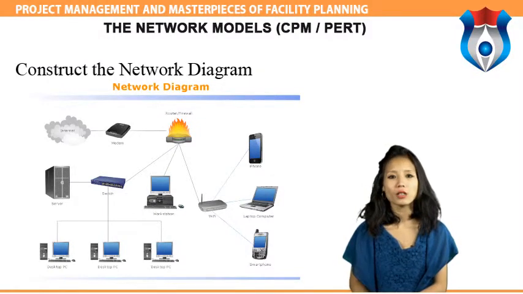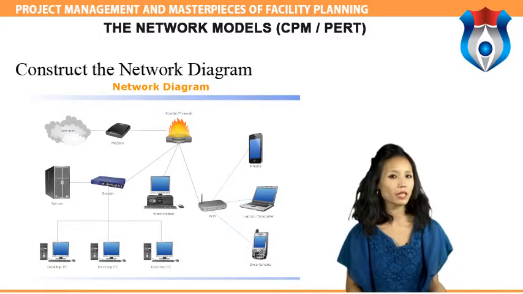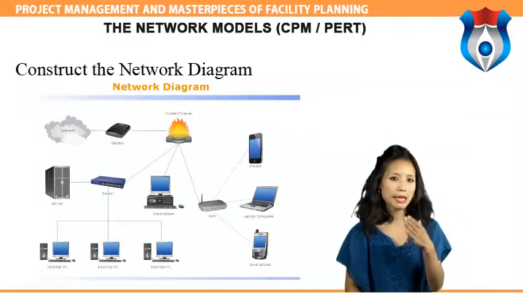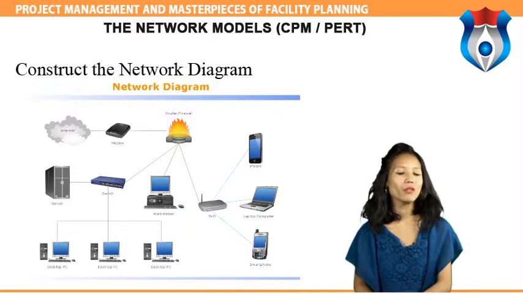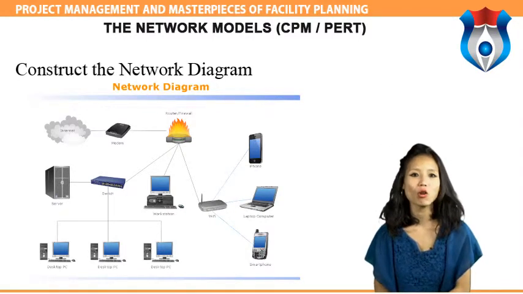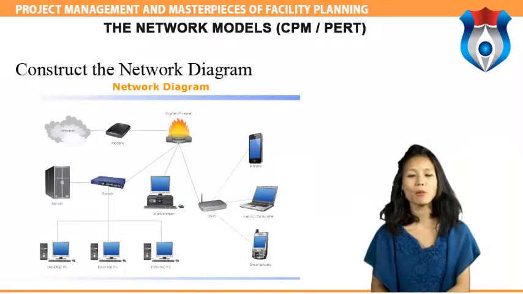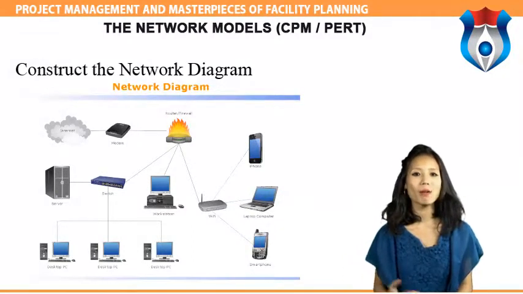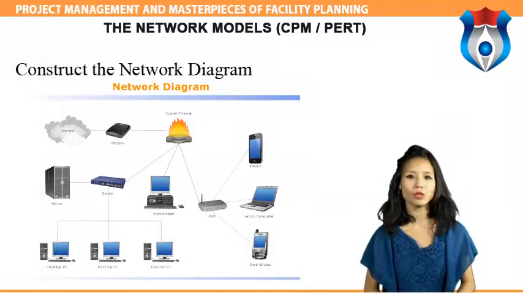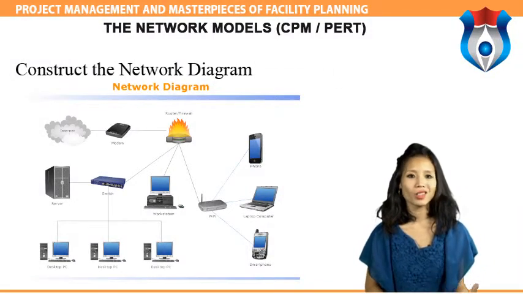For the original activity-on-arc model, the activities are depicted by arrowed lines and milestones are depicted by circles or bubbles. If done manually, several drafts may be required to correctly portray the relationship among activities. Software packages simplify this step by automatically converting tabular activity information into a network diagram.